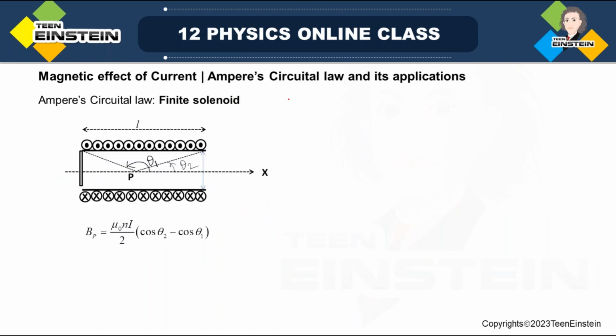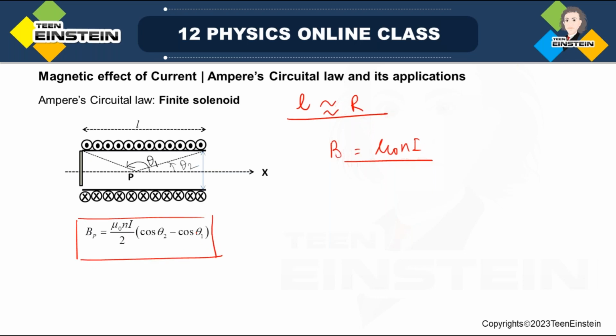But suppose I have a solenoid which has length comparable to the radius of the solenoid. In that case, the magnetic field at any point inside the solenoid will not be this. It cannot be this. This has a different formula, and in fact there is a nice derivation about that, but that is not very important at this standard.